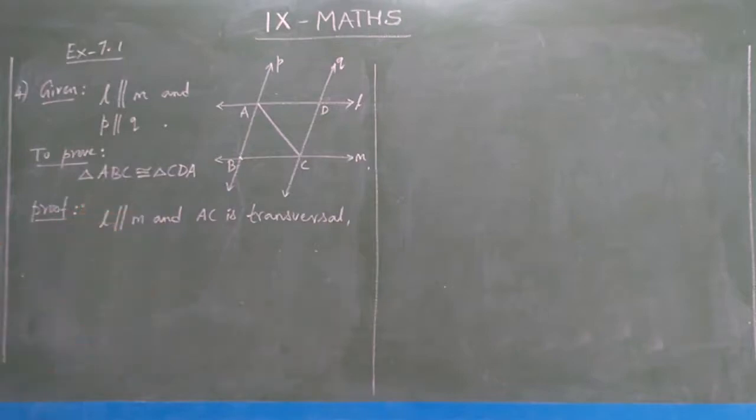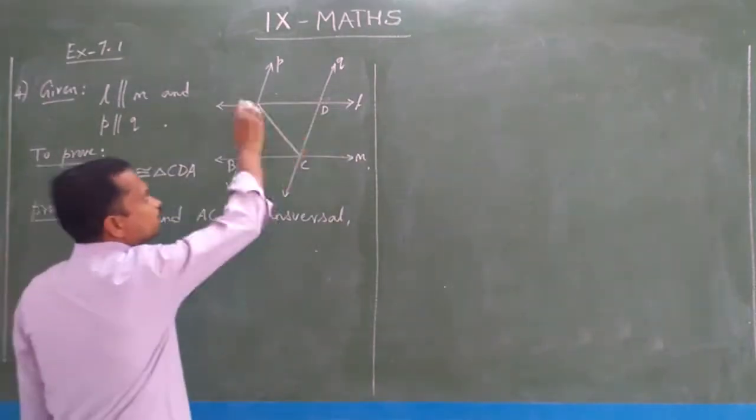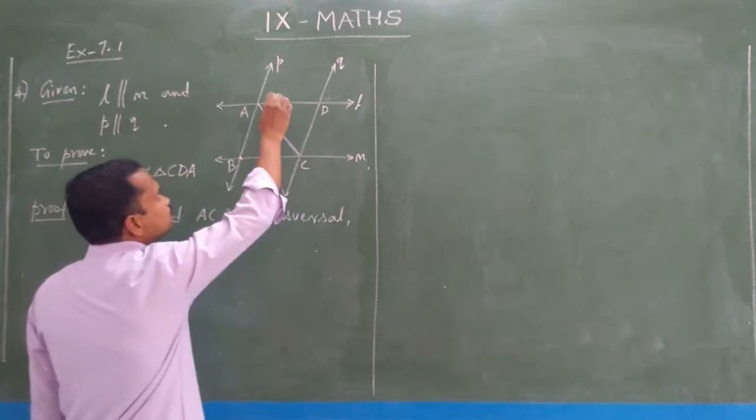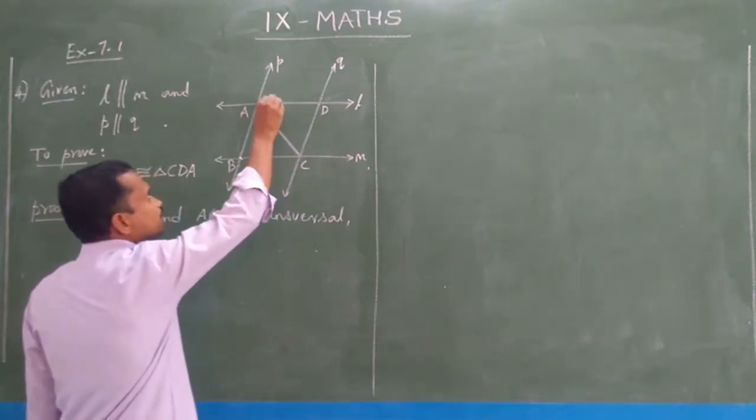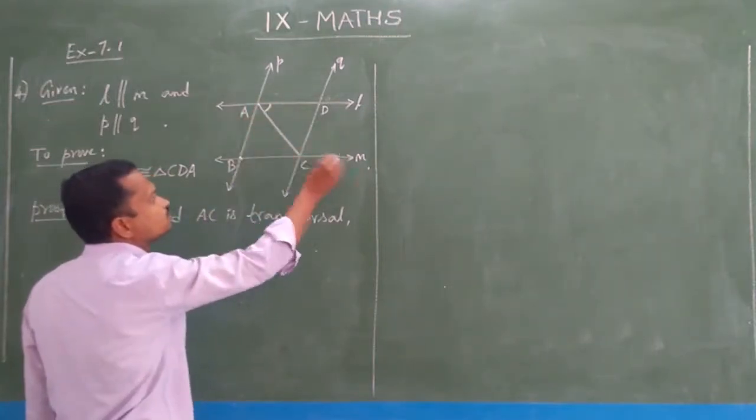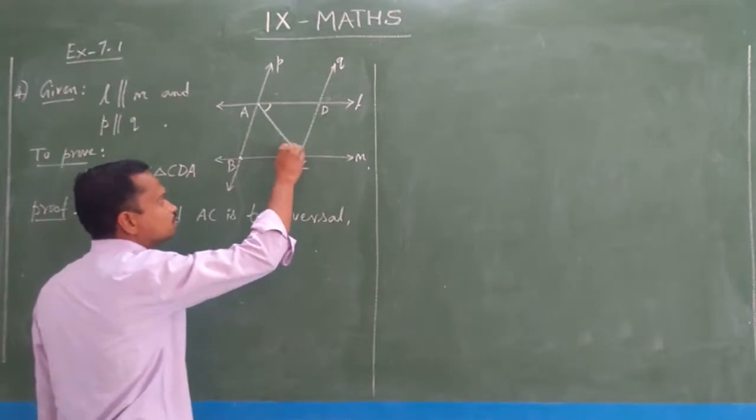So from here, if AC is the transversal for L and M, then the line and this transversal make this angle, and then M with this transversal.